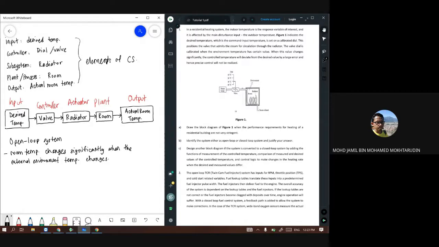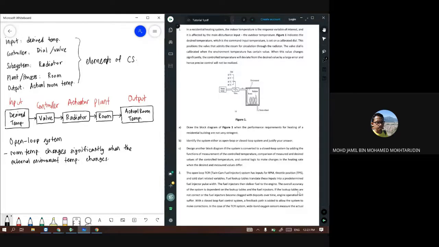So if you still remember last week, open loop system is easily affected by external disturbance, while closed loop system, because it has the feedback portion in the block diagram, whenever there is a disturbance, will try to reduce the effect of disturbance by calculating the error.